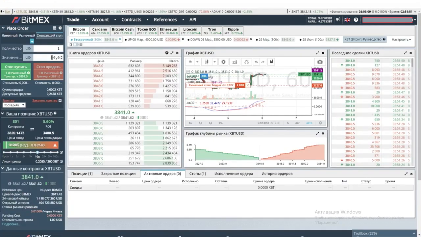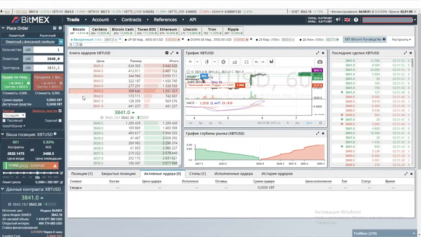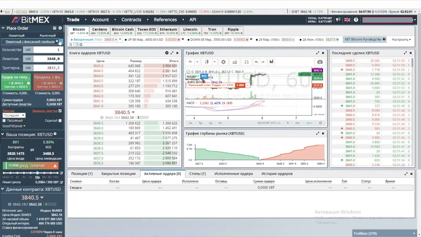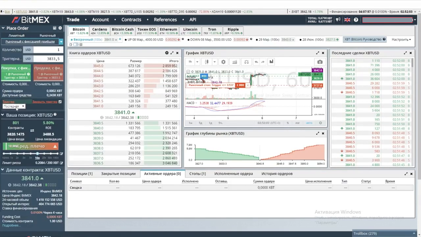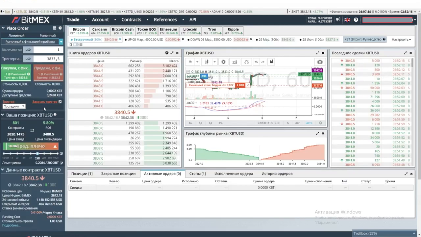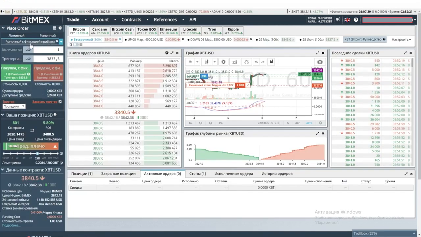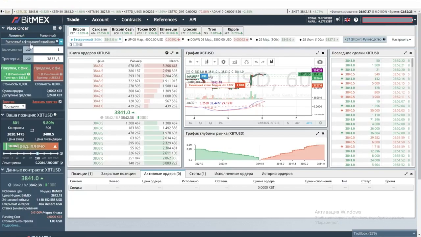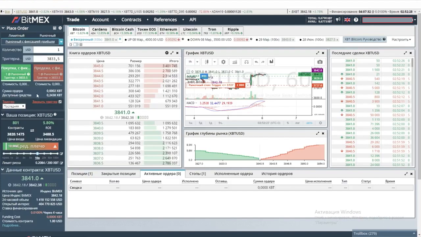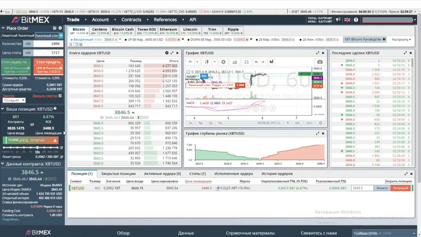But if I put just 50 and press enter to buy, the order will be placed not below the current price, but above the current price. Accordingly, it will be executed without the close on trigger tick instantly, on the market. That is, if we want to set a trailing stop for long, then we set it with a minus, but if we want it for short, then we need to set trailing stops with a plus.